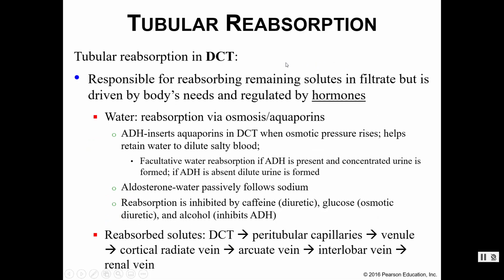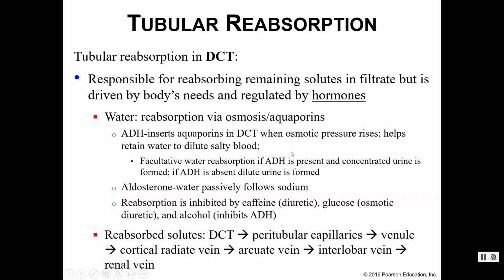All right, our last part of the tube, your distal convoluted tubule. This is responsible for reabsorbing pretty much anything useful that's left in the filtrate. Okay. However, this is regulated by our needs, so we're going to use hormones. So we're not just going to reabsorb everything that we can get our hands on.